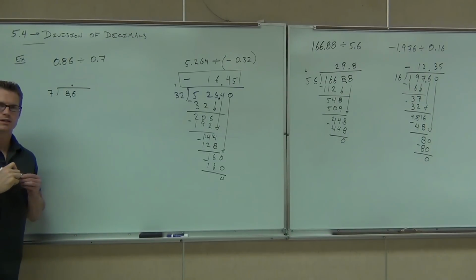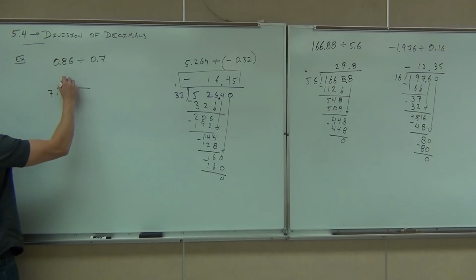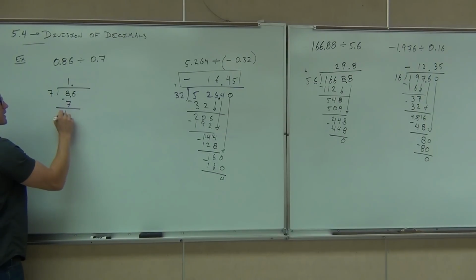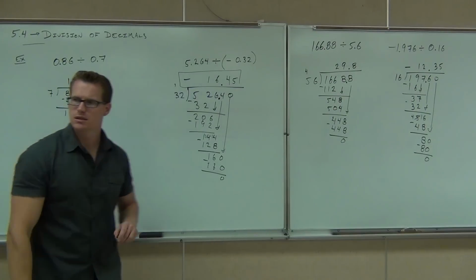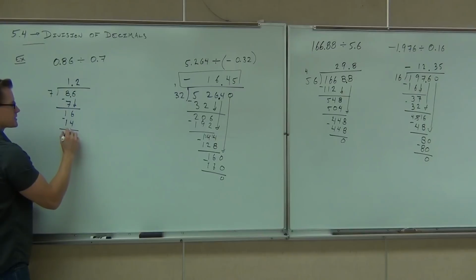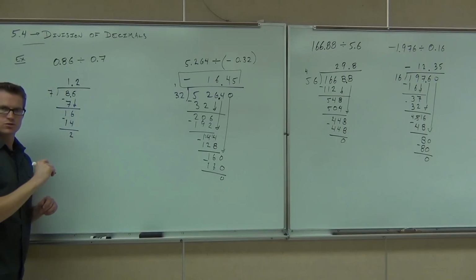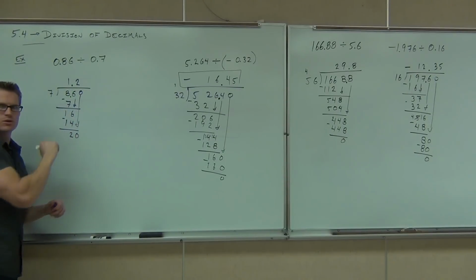Are you guys ready? Okay, let's check this out. How many times does 7 go into 8? Once. So I know it's a 1. I multiply, I subtract, I get 1. I bring down the 6. How many times does 7 go into 16? 2 times. I'd get 14. I'd subtract, I'd get 2. True? I add a 0 on, I bring it down, I get 20. How many times does 7 go into 20? 2.